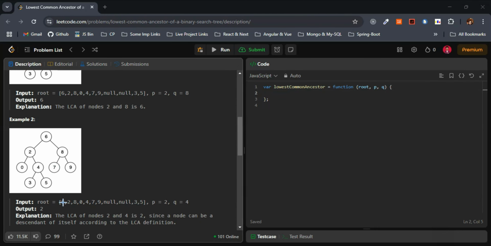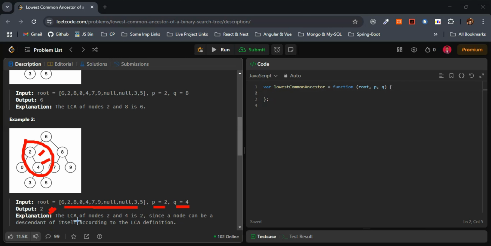Here they have mentioned the values 6, 2, 8, 0, and so on. P is 2 and Q is 4. Here 4 is a descendant of 2, so the output they have given is 2.